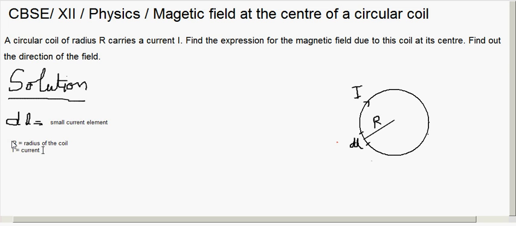Now by Biot-Savart law we can write the magnetic field at the center due to the current element.